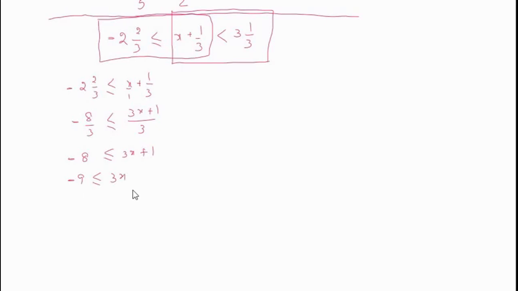Now dividing both sides by 3, minus 9 divided by 3 less than or equal to 3x divided by 3. 3 cancels, 3 3s are 9, so minus 3 less than or equal to x.